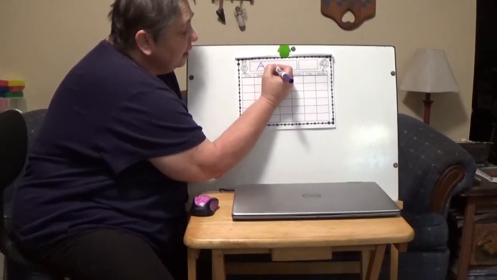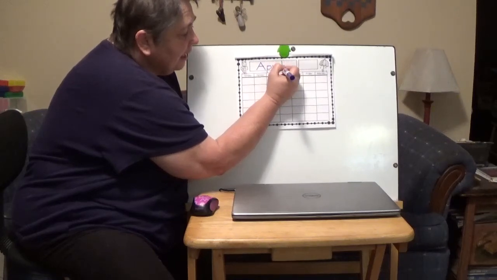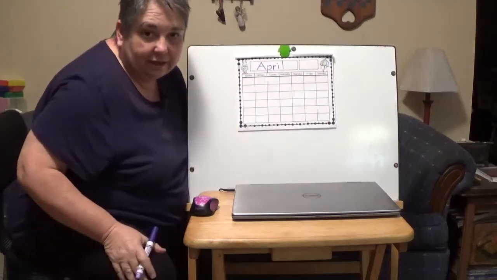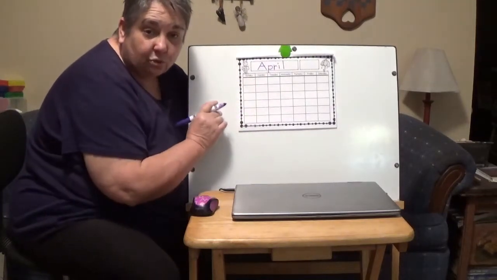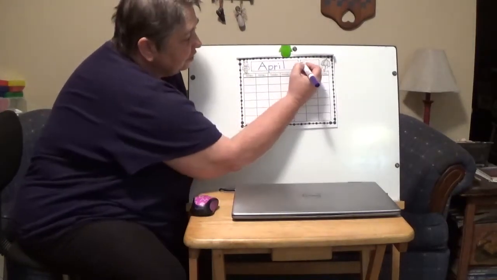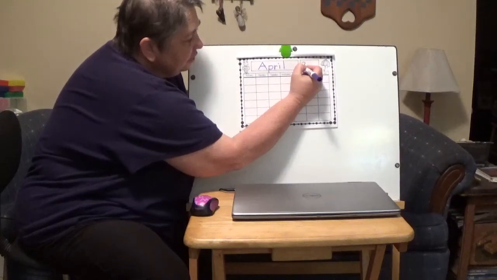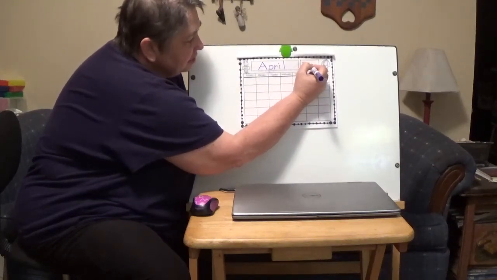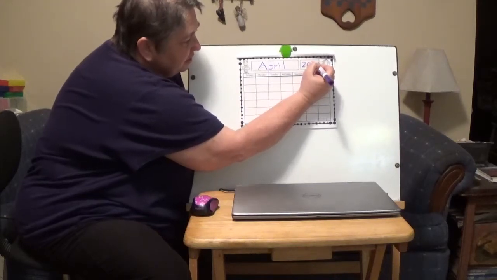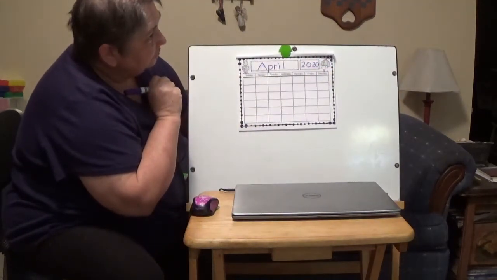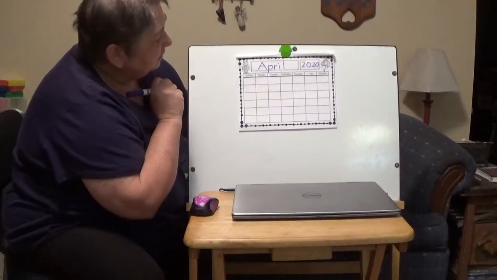P, R, I, L, and then we're going to need to put the year, which is 2020, and we'll put the whole thing instead of the shortcut. 2020. Hope yours fits a little better than mine.